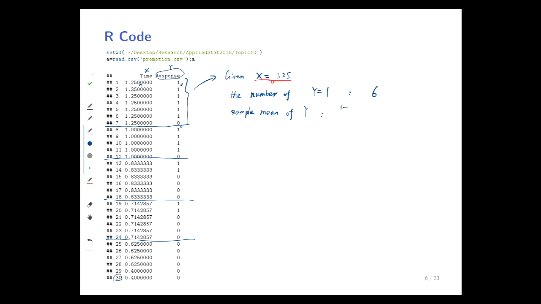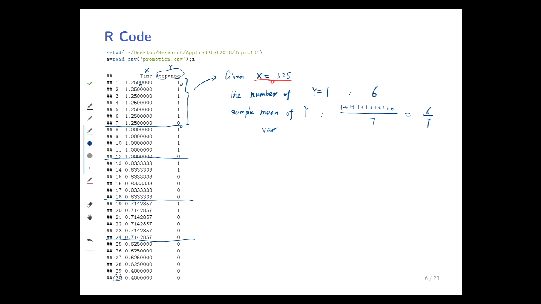So 1 plus 1 plus 1 plus 1 plus 1 plus 1, 2, 3, 4, 5, plus 0, divided by 7. Then we have 6 divided by 7, right? That's the sample mean. We can also compute the sample variance, but we are not going to compute it by hand here; we are going to compute it later.